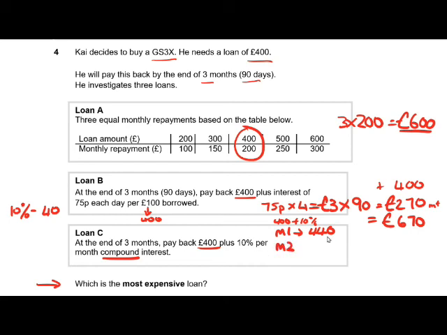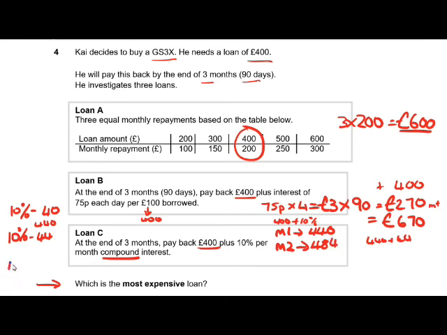Month 2 then, we need to find 10% of 440, which is £44. So at the end of month 2 we have our £440 plus the 44 gives us £484.